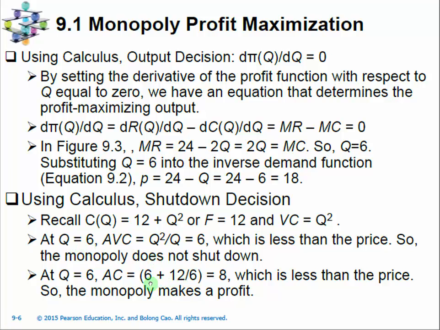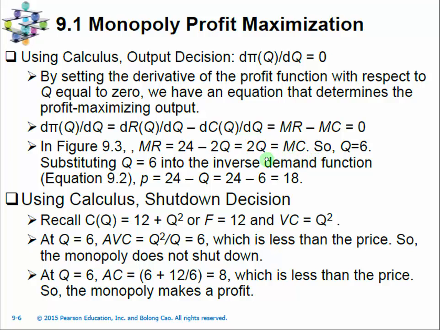So we have 6, the AVC, plus AFC, which is $2. 6 plus $2 equal to $8. $8 is less than the $18 price. The average cost is $8. The price is $18. So the monopolist is making a $10 margin on the output per unit. So the monopoly makes a profit.